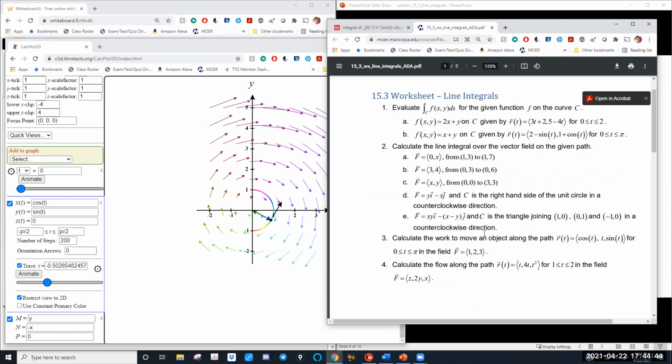So you're only going to be expected to come up with the parameterization in very simple cases. If it's given as a function, like the example we did earlier, or if it's part of a circle. And that goes for the final exam as well. I won't ask you for anything more difficult than either a circle or something given as a function. Anything more difficult would be given, all right?